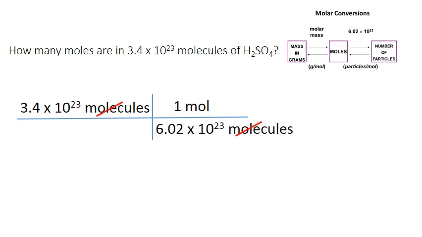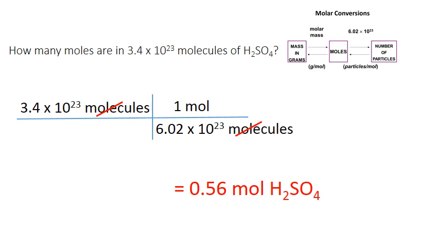Our molecules cancel out. And remember, in your calculator, you're going to go 3.4 EE23 divided by 6.02 EE23. And we started with 2 sig figs, so we're going to try and round to 2 sig figs.